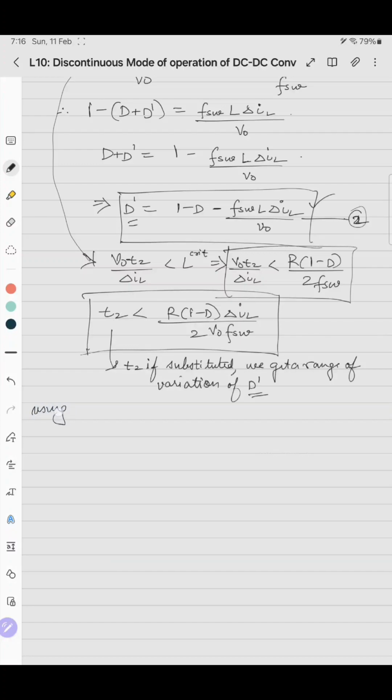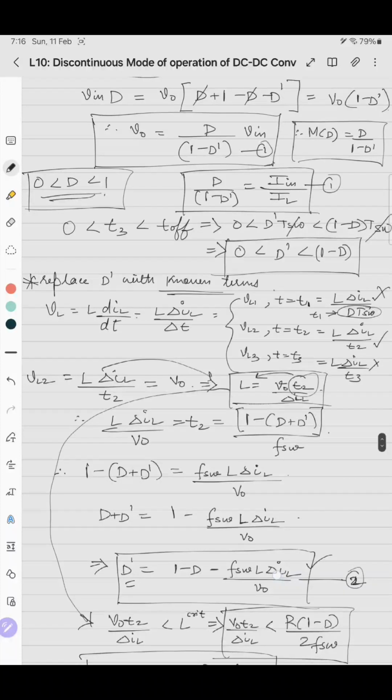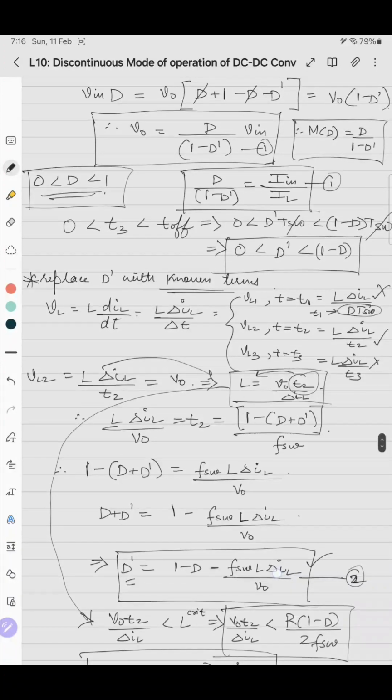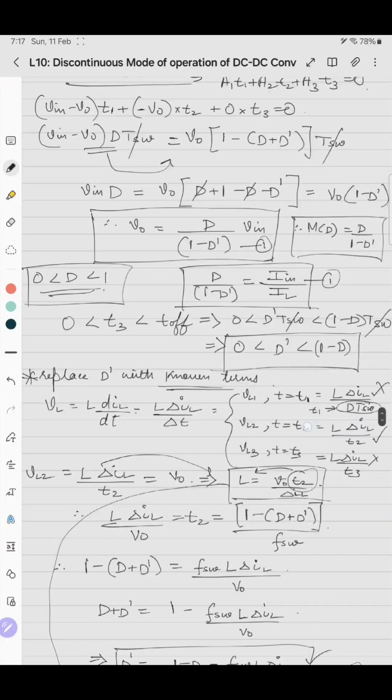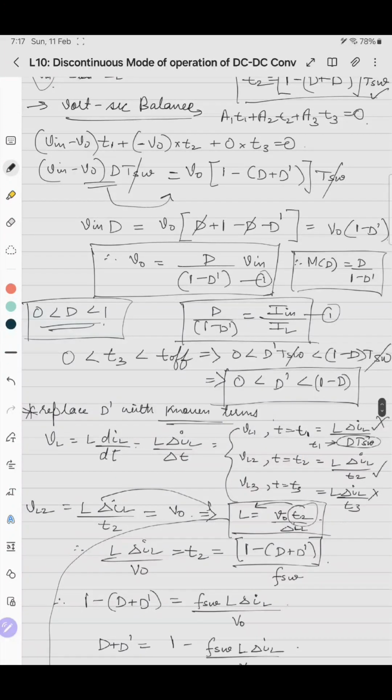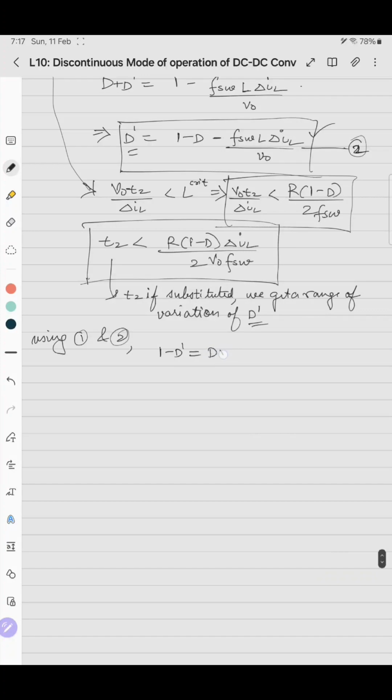So using 1 and 2, we'll write in terms of 1 minus D dash. What was 1 minus D dash? 1 minus D dash was D V in by V naught.